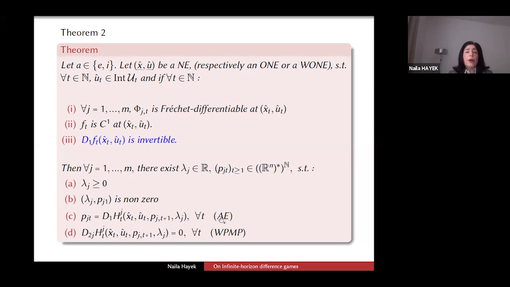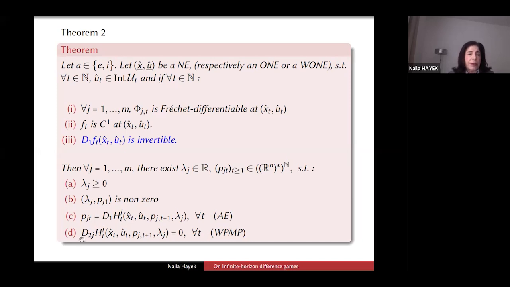We have the adjoint equation, which is p_j(t) equals the partial differential of the Hamiltonian with respect to the state. And the last condition is what I call the weak maximum principle of Pontryagin.